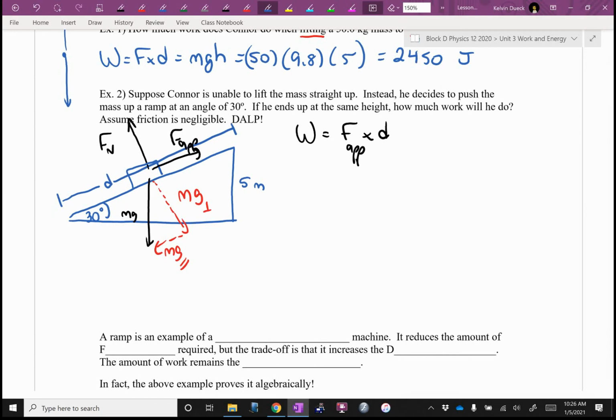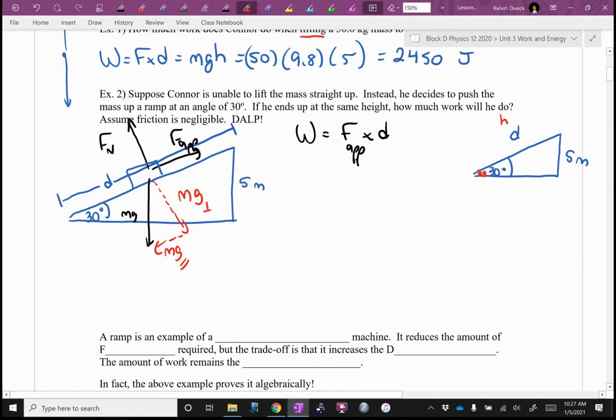So, got that triangle? Over here, a little smaller, redraw the same triangle, but this time we're going to put the 5 meters and the d there, and the 30. We're not going to use forces. We're going to use just good old trig. That d, opposite, adjacent, or hypotenuse? That 5.